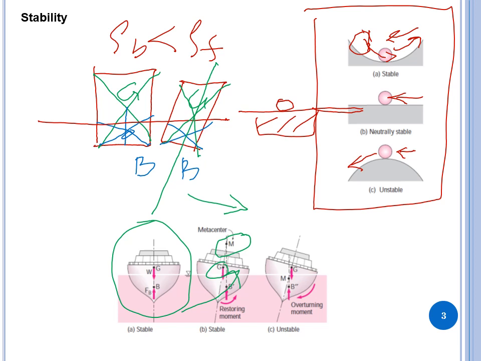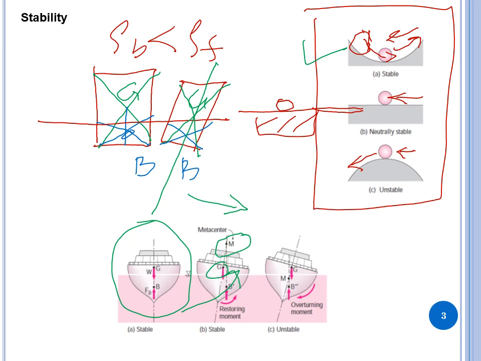So this is basically creating a restoring moment, trying to move it back to the original position, as being shown here. So this kind of system is also known as a stable system as long as the metacenter is above the surface of the fluid.